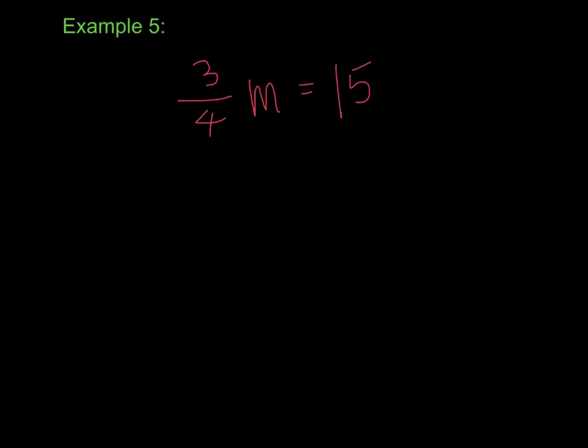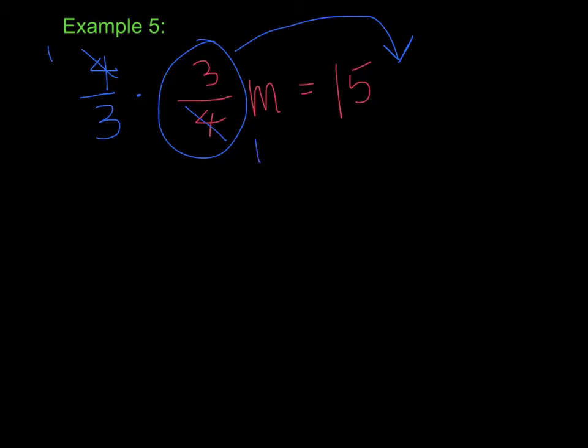All right, example 5 says that 3/4 of m is 15. So if I have something and I take 3/4 of it and get 15, what could that something be? Well, to take care of getting this guy to the other side, he's division, so I could multiply by his reciprocal. This might be a new trick for some of you. If you cross cancel, 4 and 4 gives you 1, and 3 and 3 gives you 1. That's why it works.